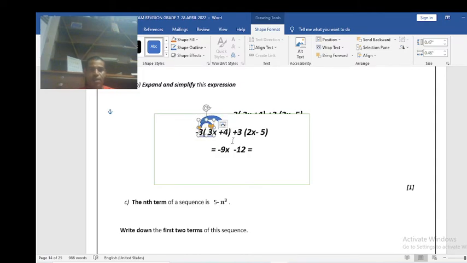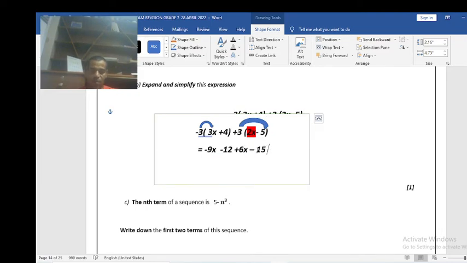Then I will make plus 3 multiplied by 2x, which is equal to 6x. Then minus 3 multiplied by negative 5 gives negative 15.